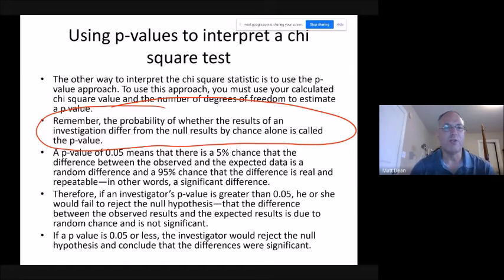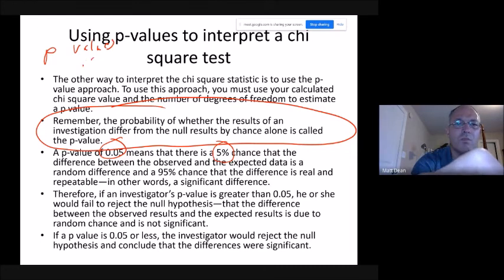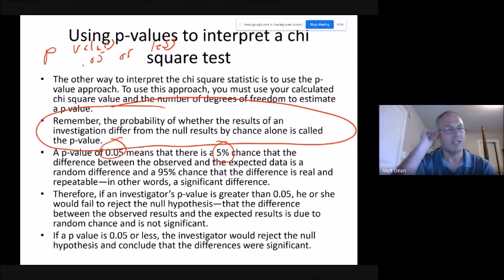So if there's a p-value of 0.05, that means there's a 5% chance that the differences you saw between your observed and expected data are random. There's a 95% chance that the differences are real and not due to chance. Scientists usually say any p-value 0.05 or less is significant enough that you reject the null hypothesis.